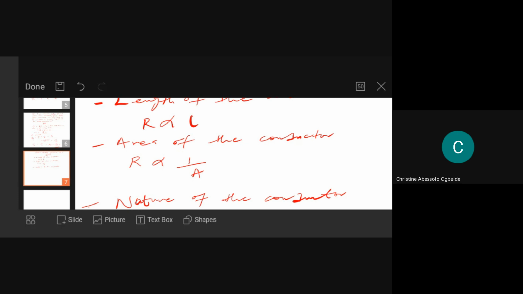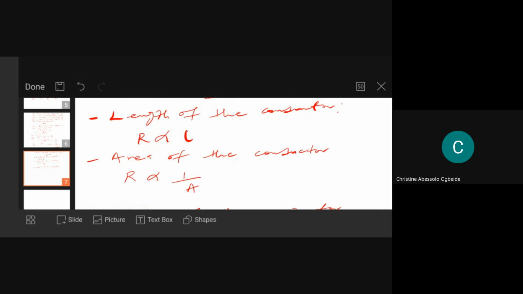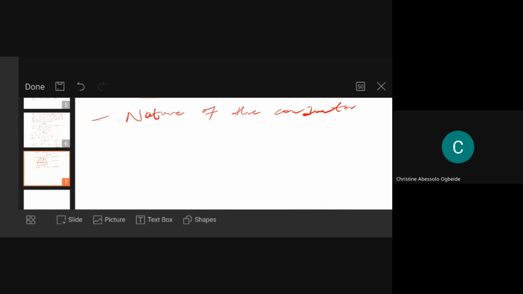Now, let's try to combine these two relations here. R varies directly with L, and also R varies inversely with A. Let's combine the two of them to set up another equation.